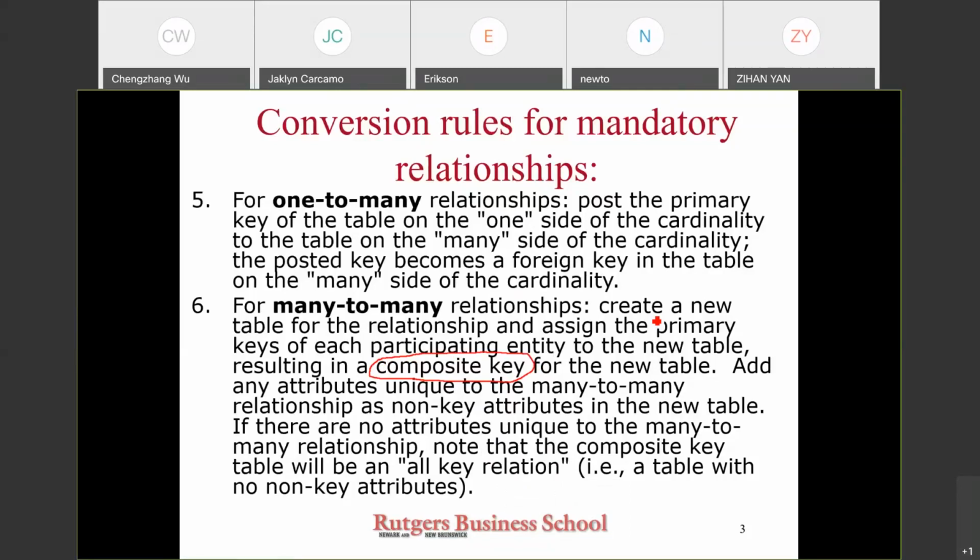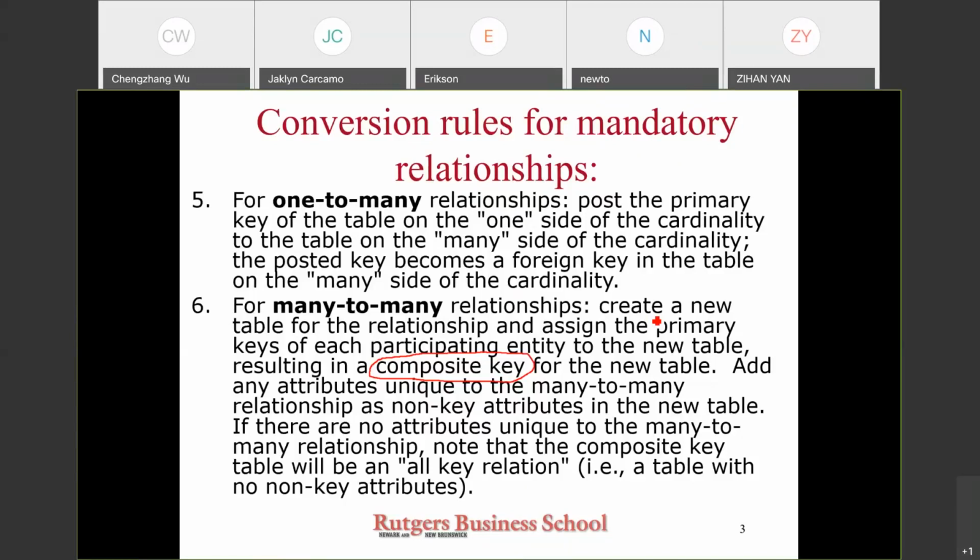The only difference is the composite key uses more than one field, more than one field working together to identify one specific record in a table.